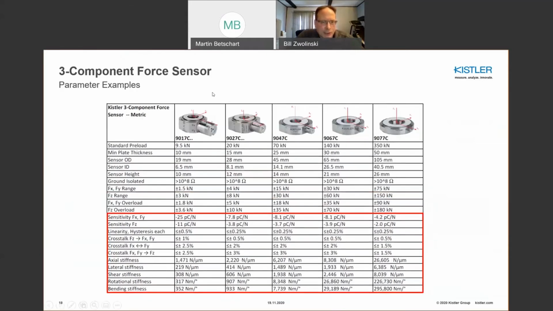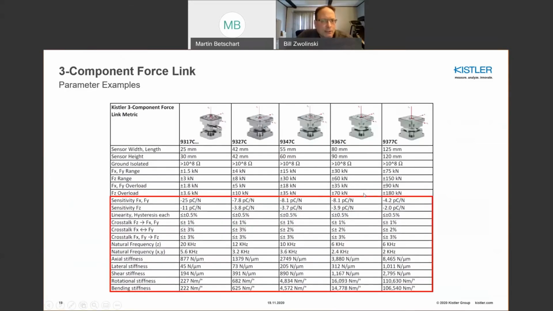Whereas with force sensors, also in a modular way, when you mount them you're actually getting the lowest profile possible. With force links, there is definitely more height in this solution, and sometimes that's not too amenable to a given application.